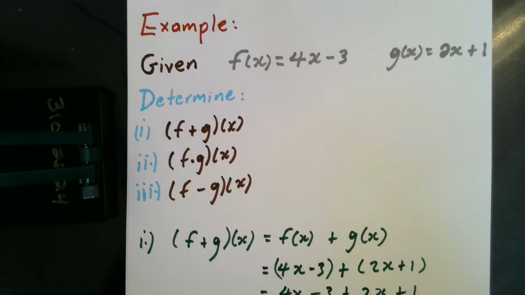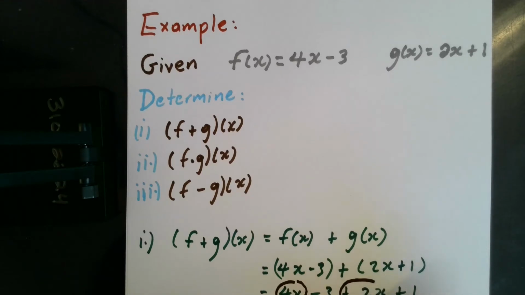All right, I'm going to combine like terms. So we have two pairs of like terms. So 4x and 2x gives us 6x.